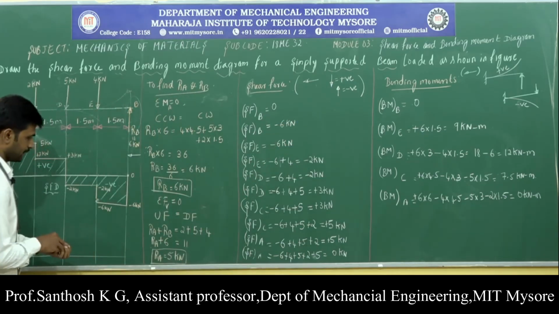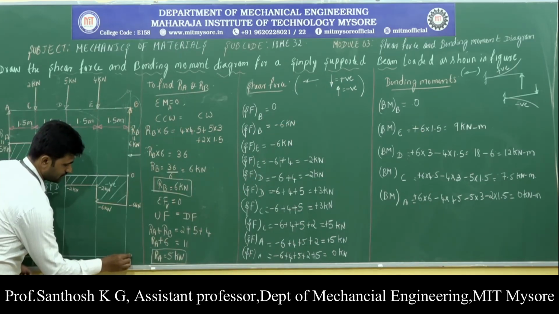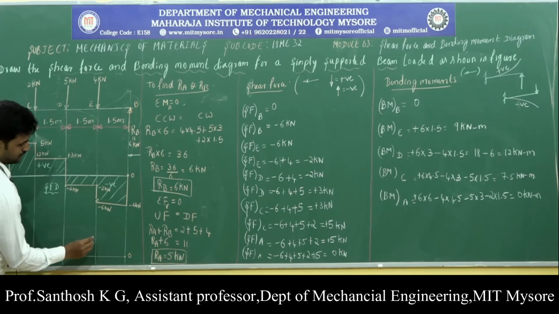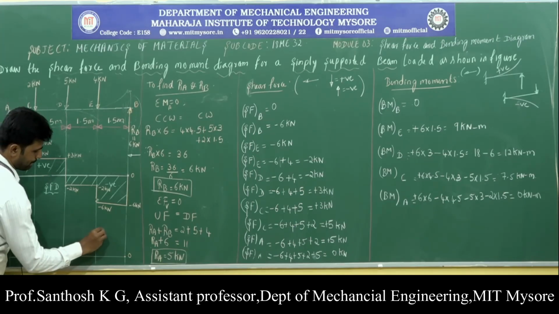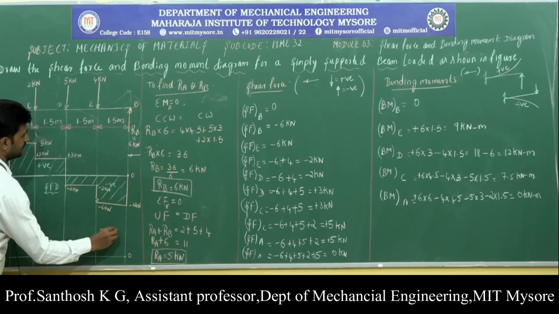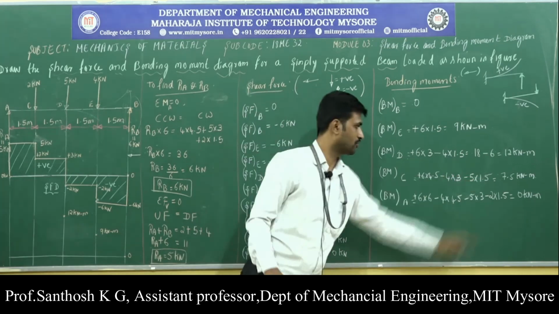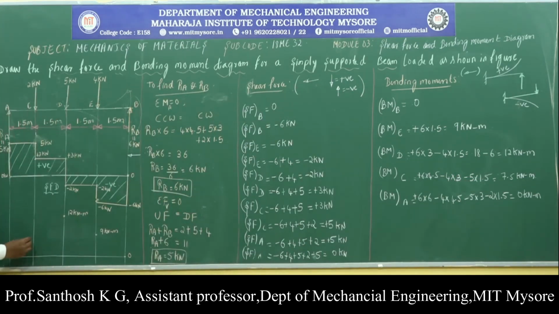So the bending moment at B is 0, and the bending moment at E is how much? 9 kilonewton meter, and the bending moment at point D is 12 kilonewton meter, and the bending moment at point C is how much? 7.5 kilonewton meter, and the bending moment at point A is 0.